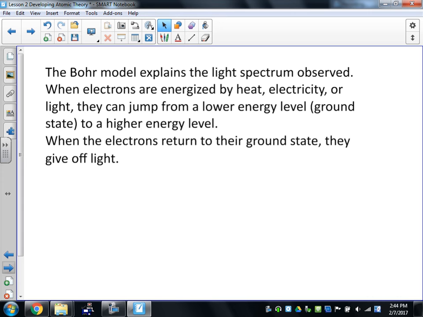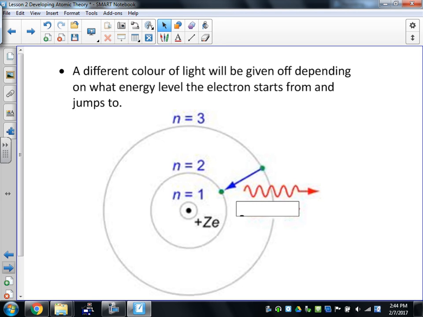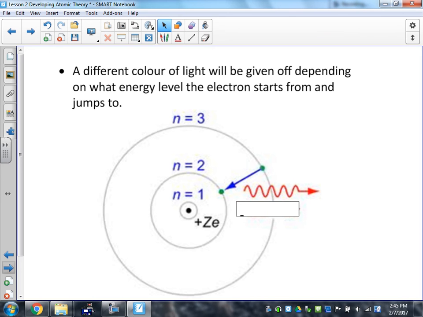And neon, when you plug in a sign, things like that. So electrons return to their ground state. A different color of light will be given off depending on what energy level the electron starts from and jumps to. Perhaps don't copy this one down because I have a better diagram than this. But as they go up and then come back down, they will give off different energies of light.